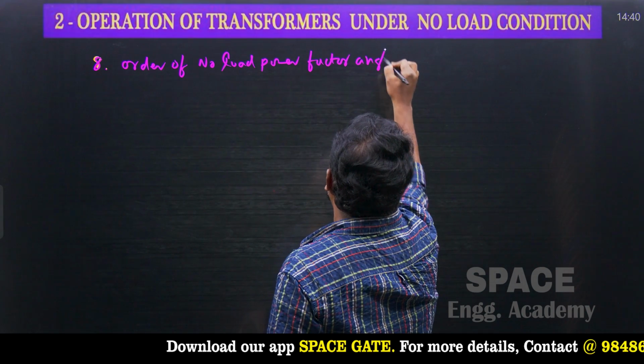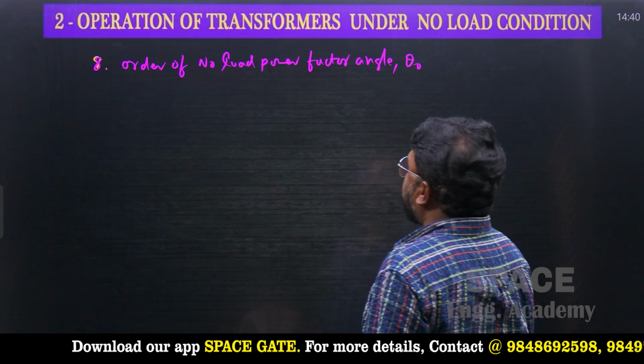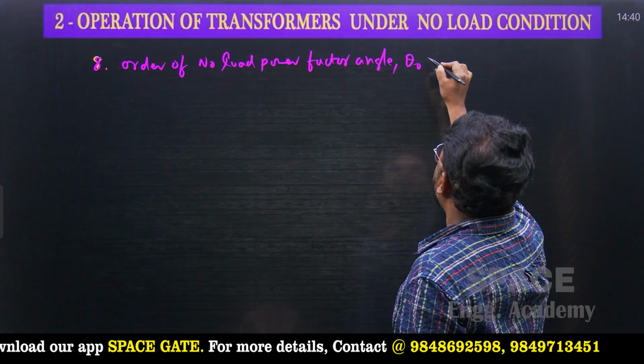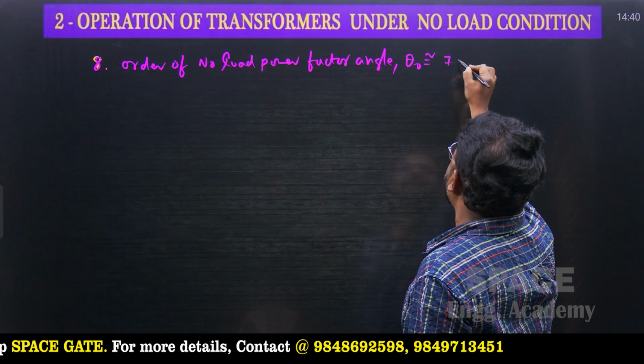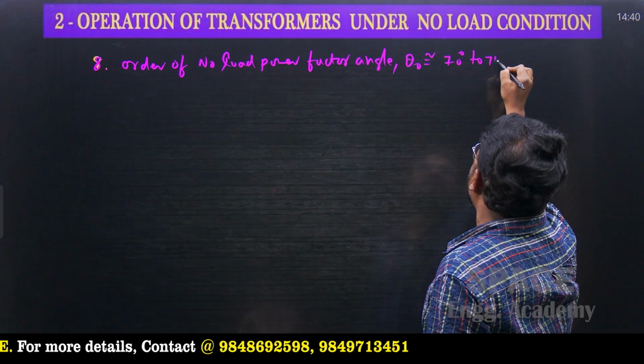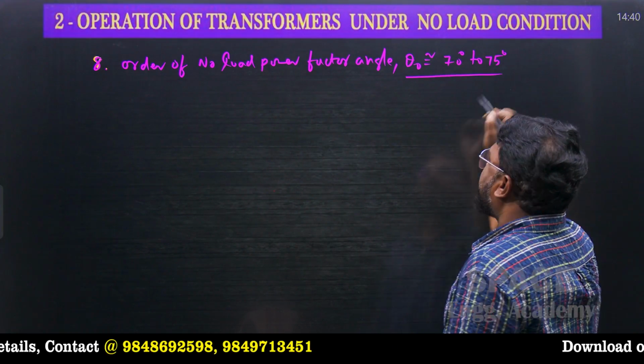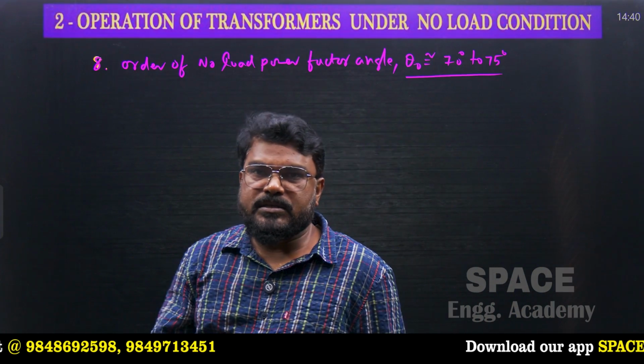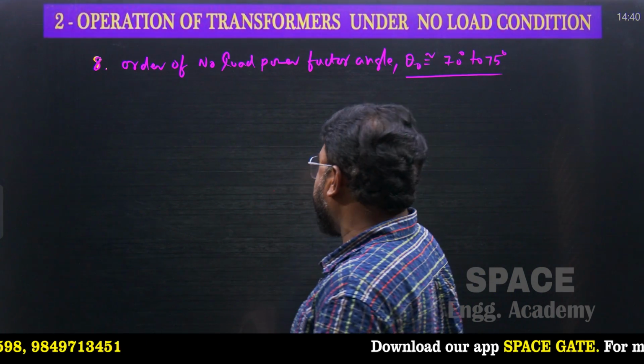That is denoted by theta naught. It is almost equal to 70 degrees to 75 degrees. Order of theta naught in a transformer is 70 to 72 degrees.